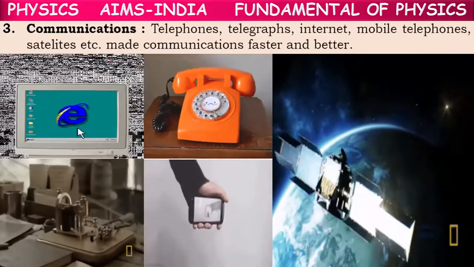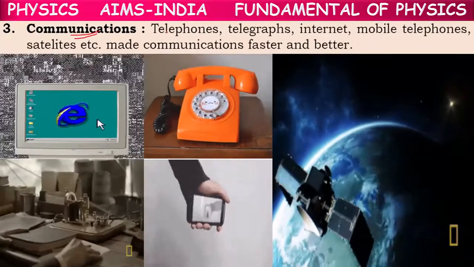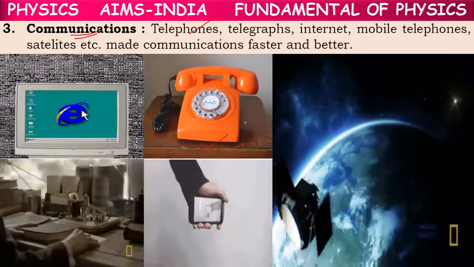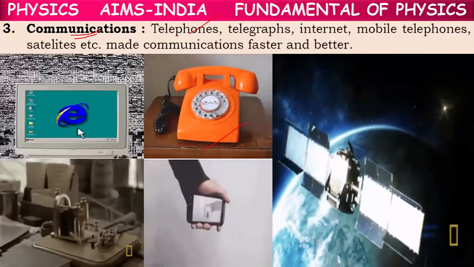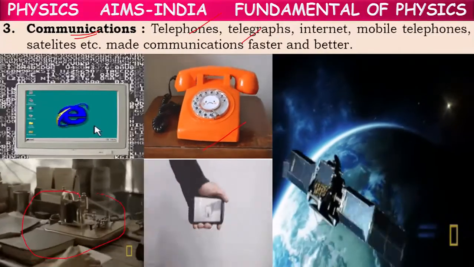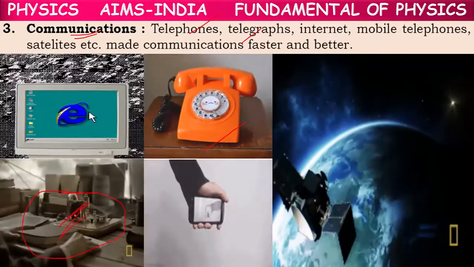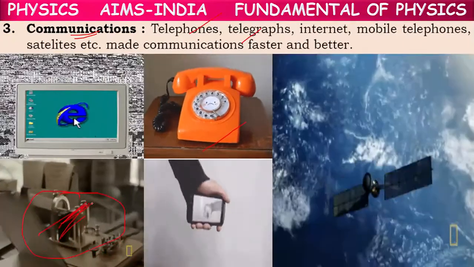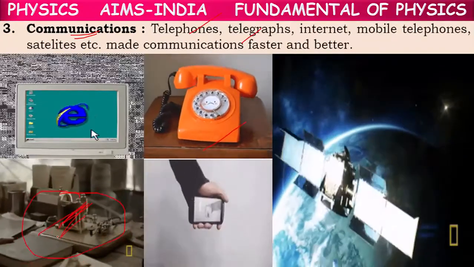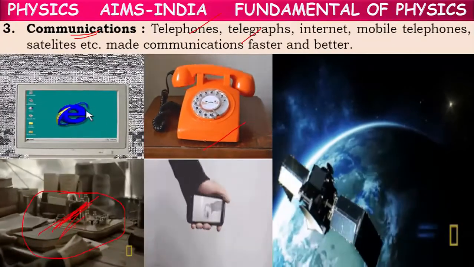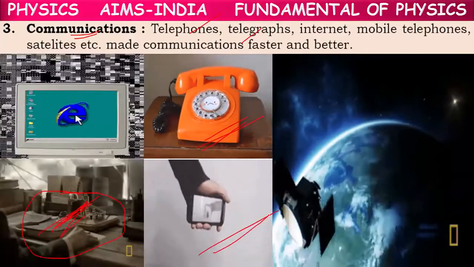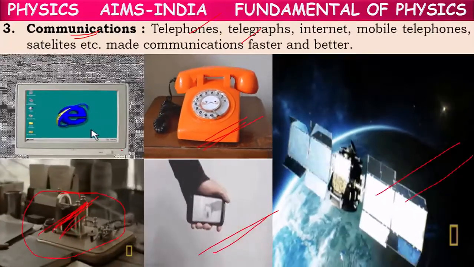Or communication. Physics has invented telephones and the telegraph. Previously there was the telegraph for sending messages in the olden days. With the advancement of physics, they invented the telegraph, telephones, mobile phones, satellites, the internet.